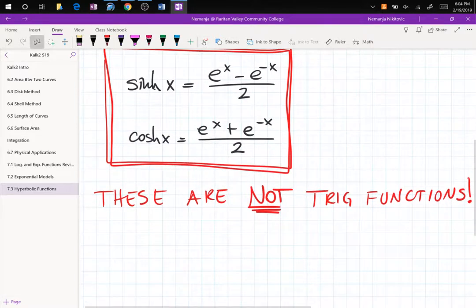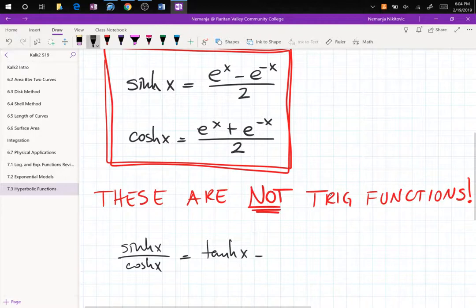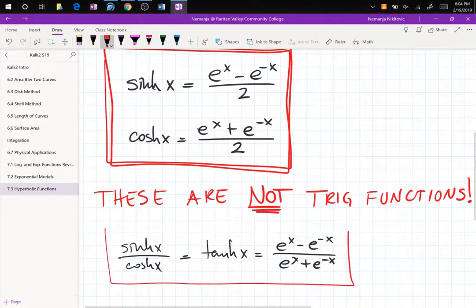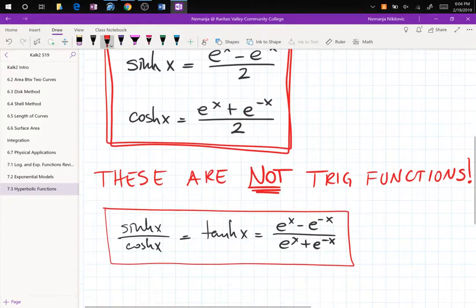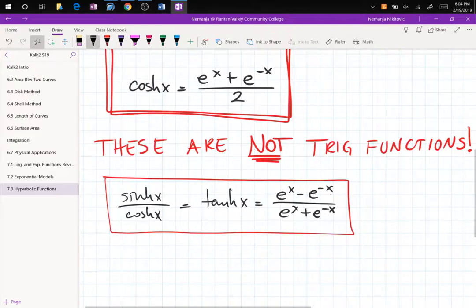So if you divide sine hyperbolic x by cosine hyperbolic x, you will get tangent hyperbolic x, which is defined as e to the x minus e to the minus x over e to the x plus e to the minus x. And that would be the definition for tangent hyperbolic.